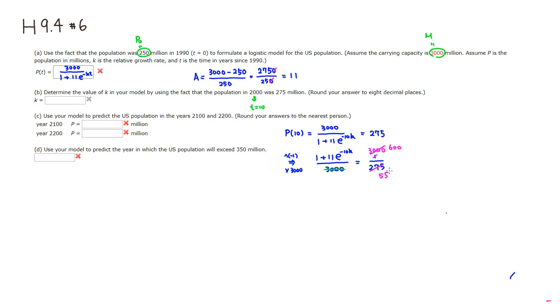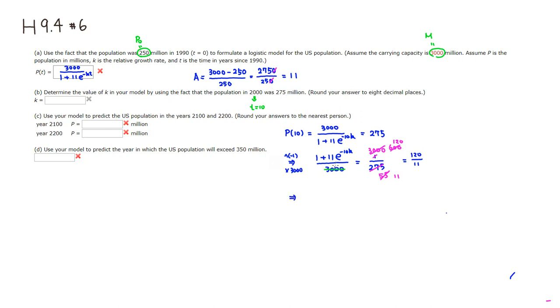Another 5, so divide by 5, you have 11 and 120. I think that's the best we can do. So this is going to be 120 over 11. Then after that, we just have to solve for k.